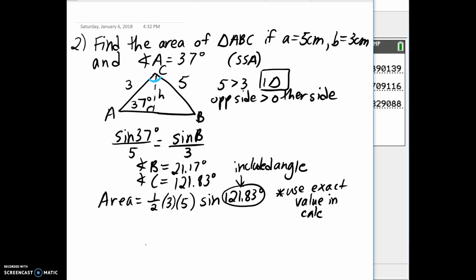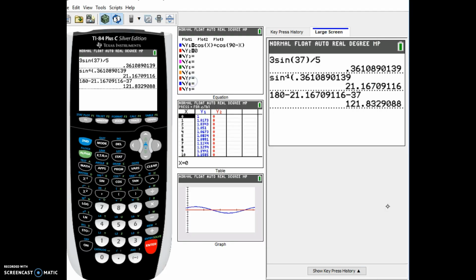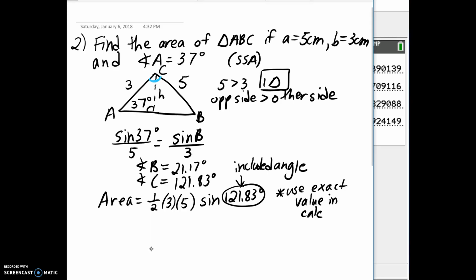So if you're using an older model of the calculator, then you're doing 1/2 or 0.5 times 3 times 5, and then you're going to do sine of, you either can grab it, or if you have the older calculator, you could do second negative sine. And if you do the problem in order, this should not be an issue for figuring that out. So you get 6.37 centimeters squared.